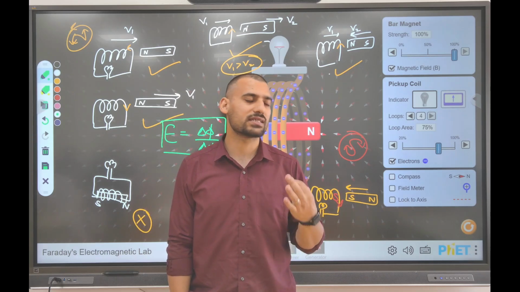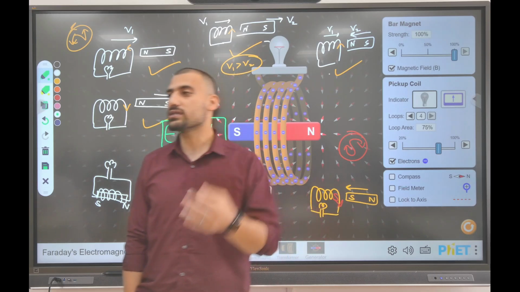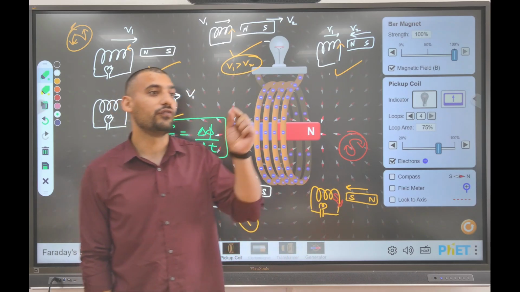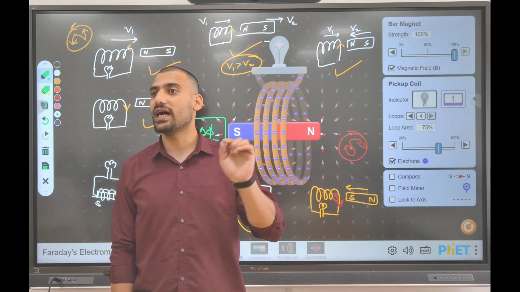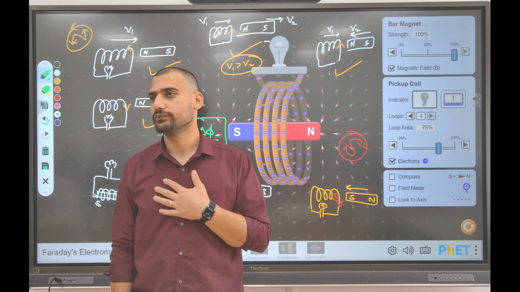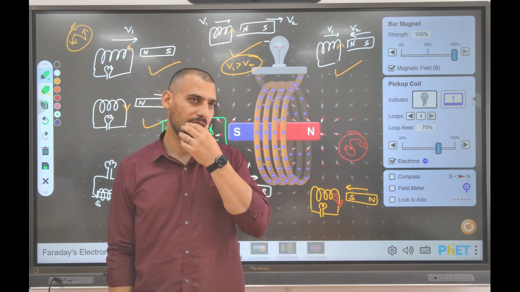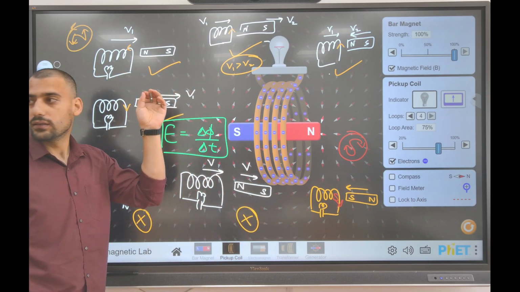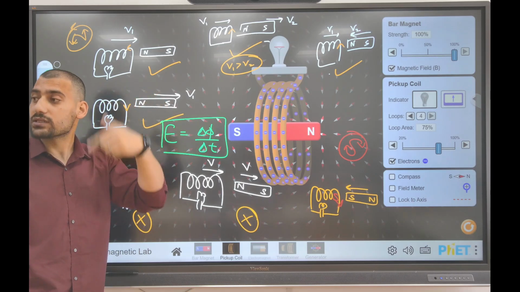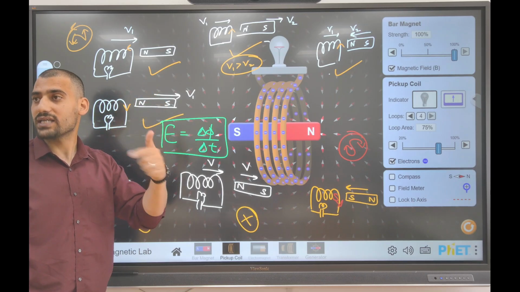The direction is such that it opposes the cause which has produced it. See, I'll tell you. It opposes the cause which has produced it.